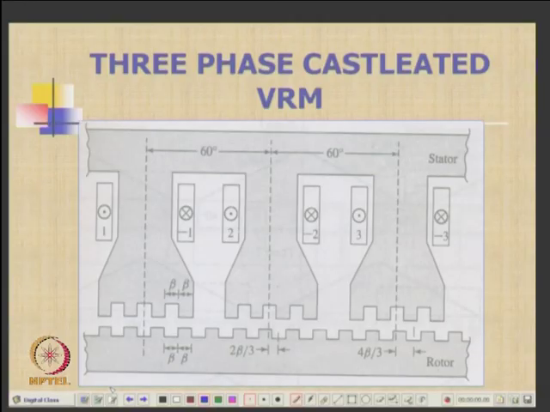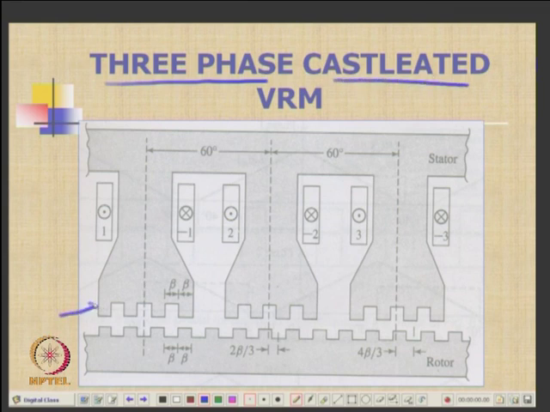Now, this is another interesting variant of the VRM. It is called a castellated VRM, because you see this looks like a castle.